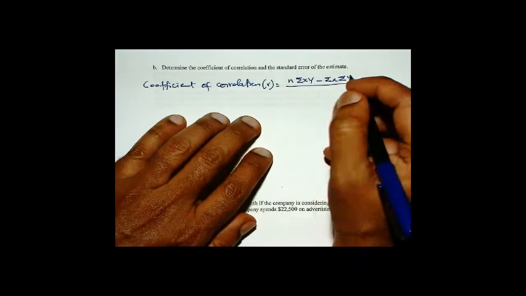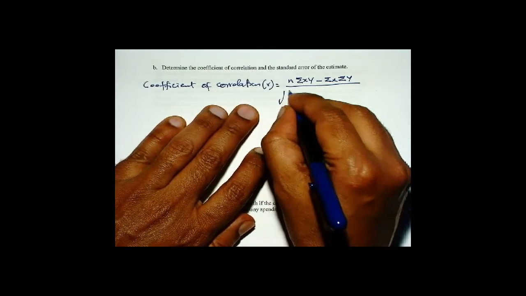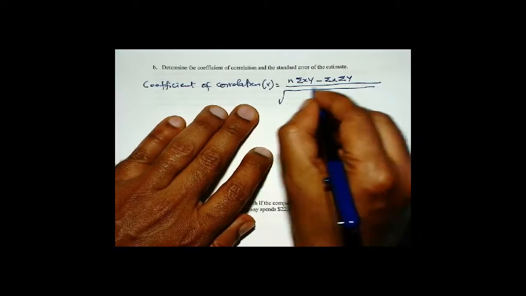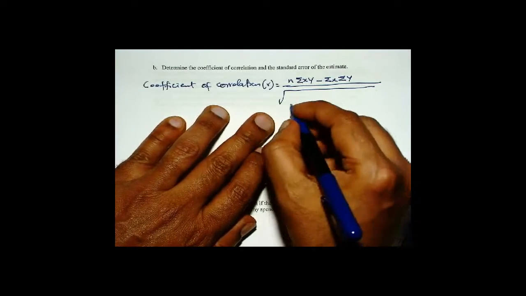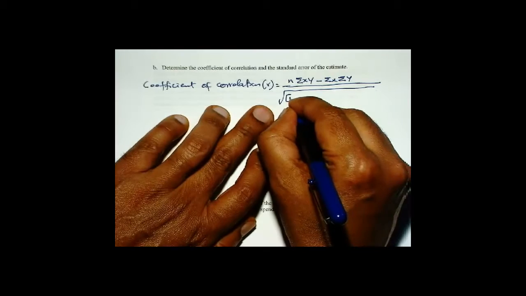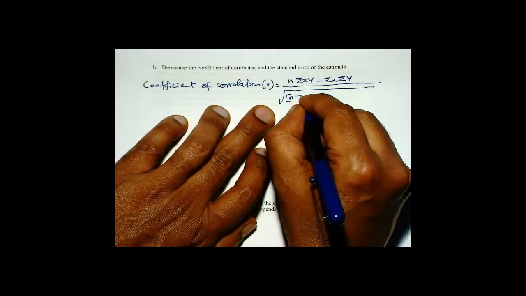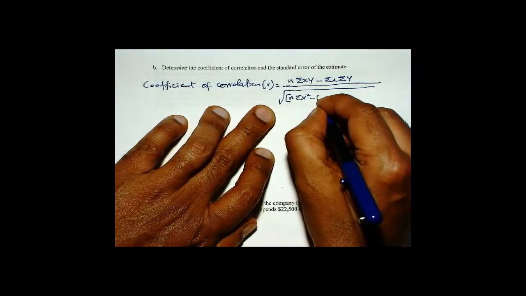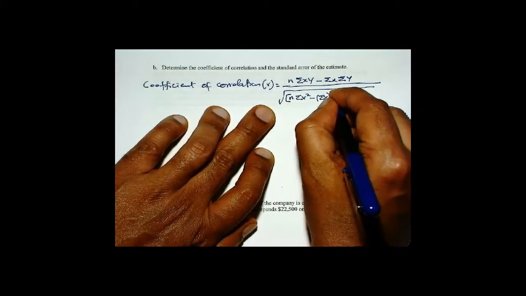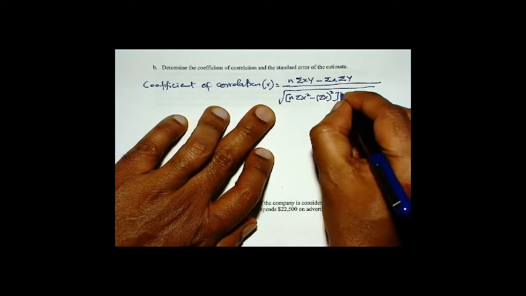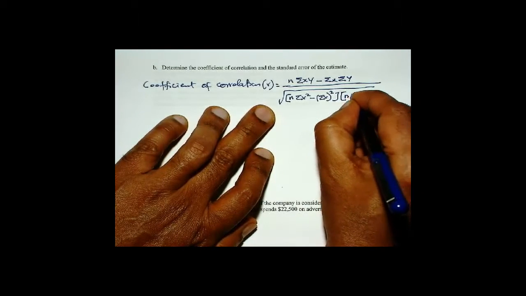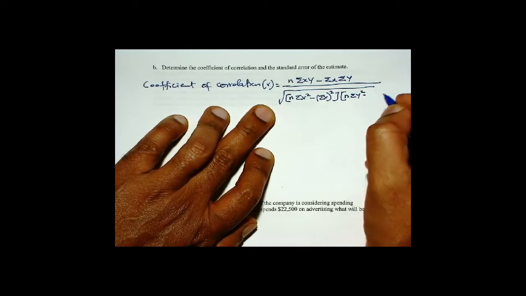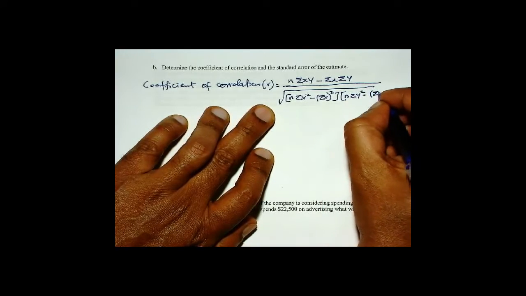That's the numerator, and then in the denominator it's a square root of, there are two parts to this, n times sum of x squared minus sum of x, the whole thing squared. So that's the first part, and then you do the same thing for y. That gives us the correlation coefficient.